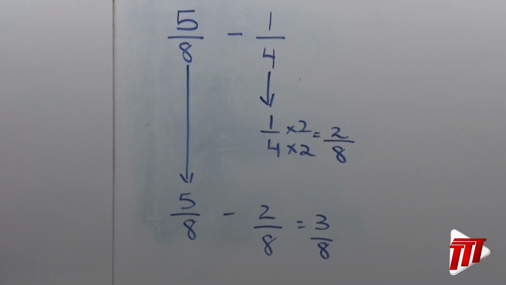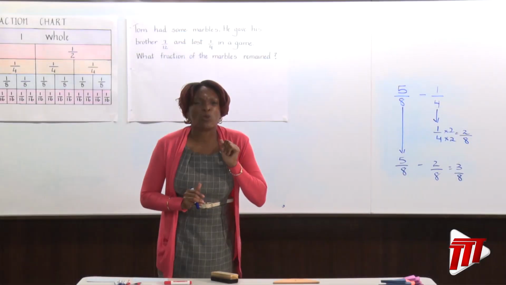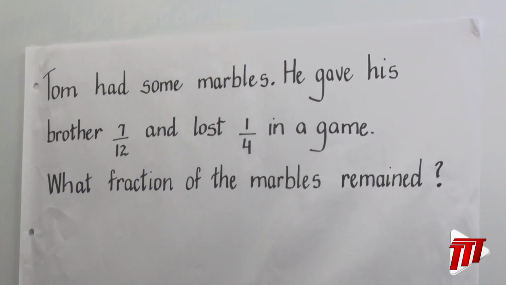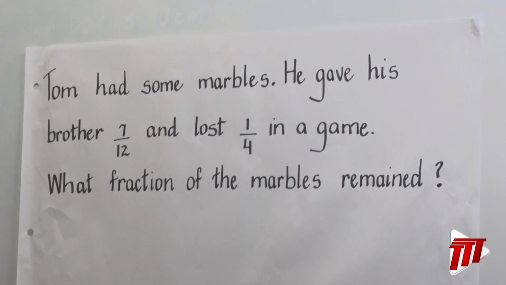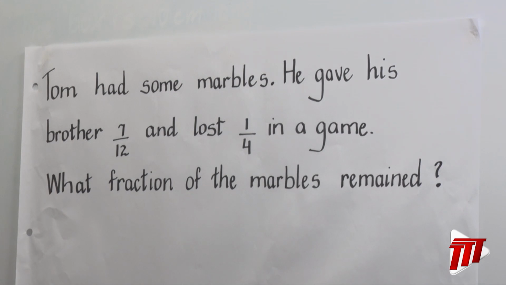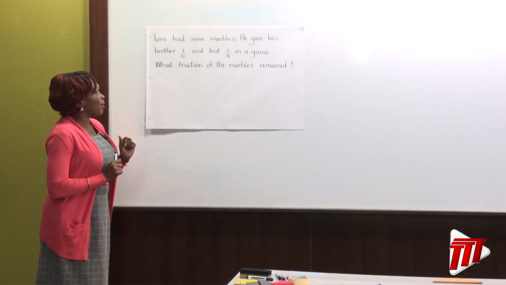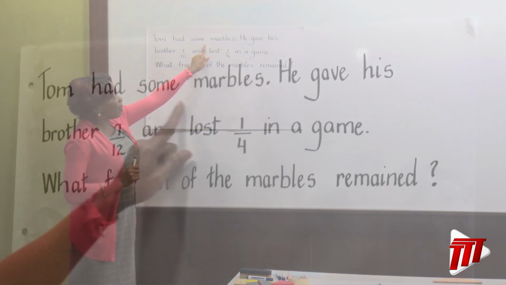Do you think you can try a quick question with me? I already have it on the board. Let's go. Read with me. Tom had some marbles. He gave his brother 7/12 and lost 1/4 in a game. What fraction of the marbles remained? Let's go through this together. Tom had marbles.